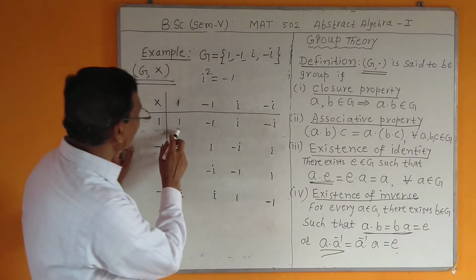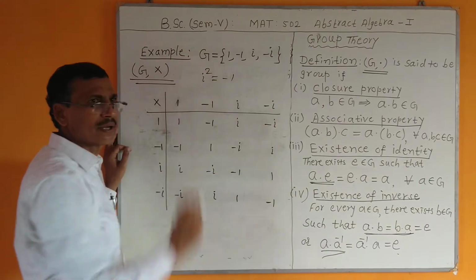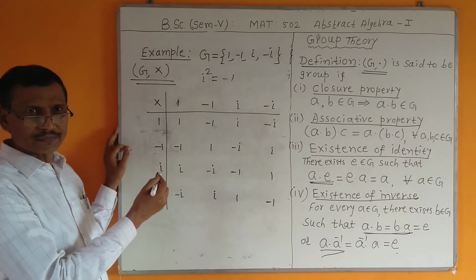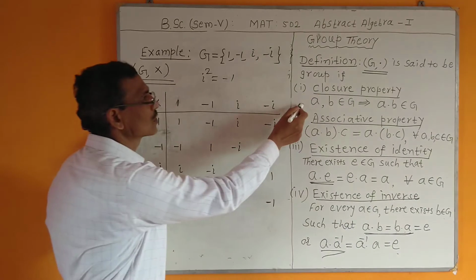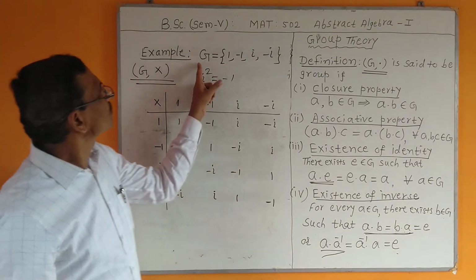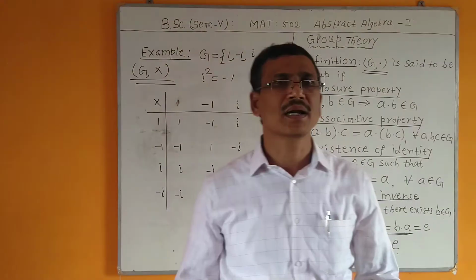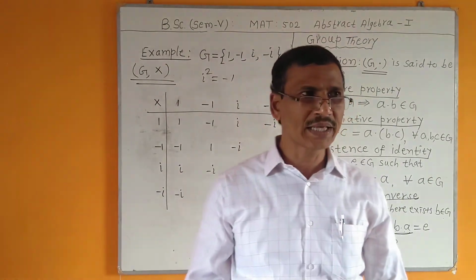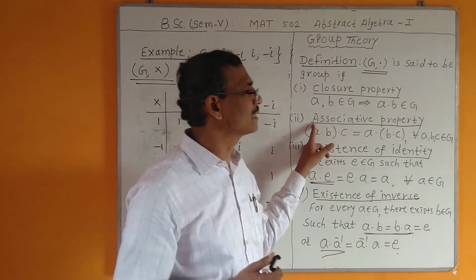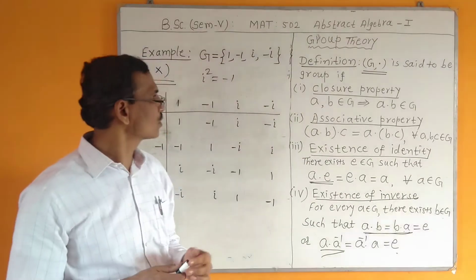We can observe that every entry in this table is an element of G. You can observe. Okay? And therefore this closure property is satisfied. Here observe that the elements of G are complex numbers. And we know that in the set of complex numbers, the associative property is satisfied. The second condition is also true.